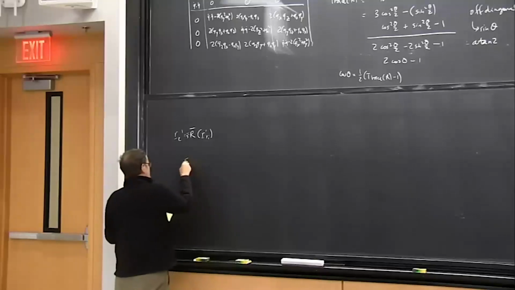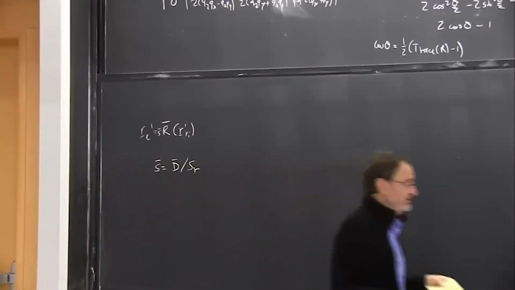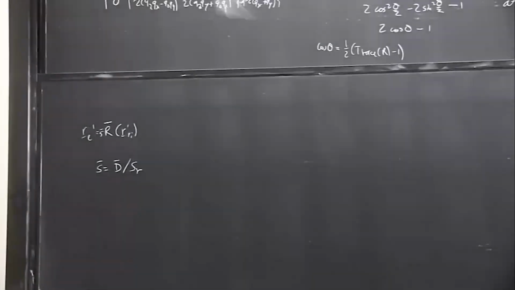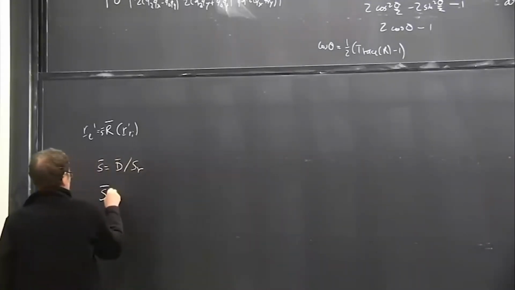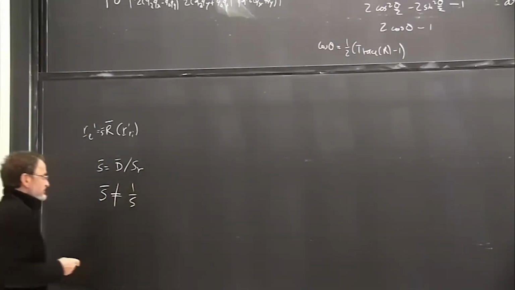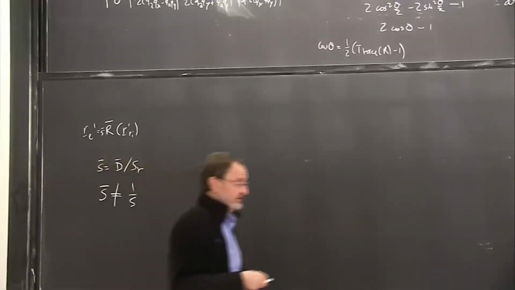And if you actually work it out, you get that. So again, you can do it, but it's not the same answer. It's not the inverse of that. What we would expect is that S prime is 1 over S, and it's not in general. So that suggests that this is not a good method.